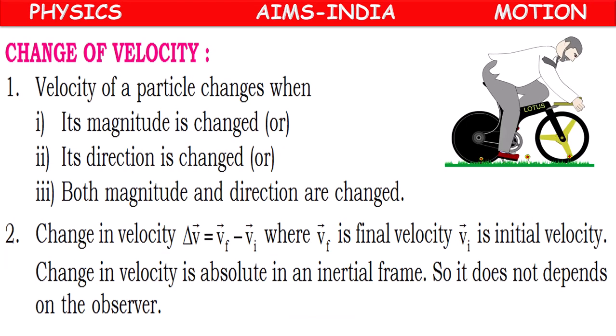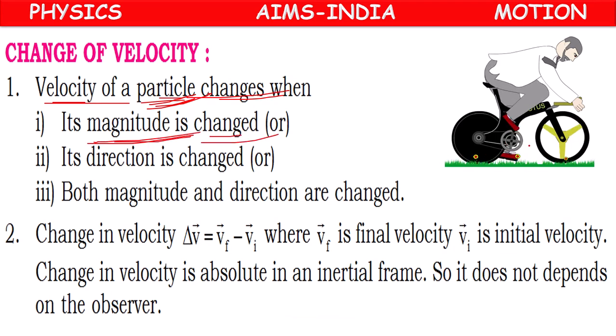Next, children. So here, change of velocity. The velocity of a particle or a moving body will change if the magnitude is changed. Suppose here we are pedaling the cycle. If we change the speed of pedaling, or while traveling on a bike, if we raise the accelerator, then its velocity will increase.